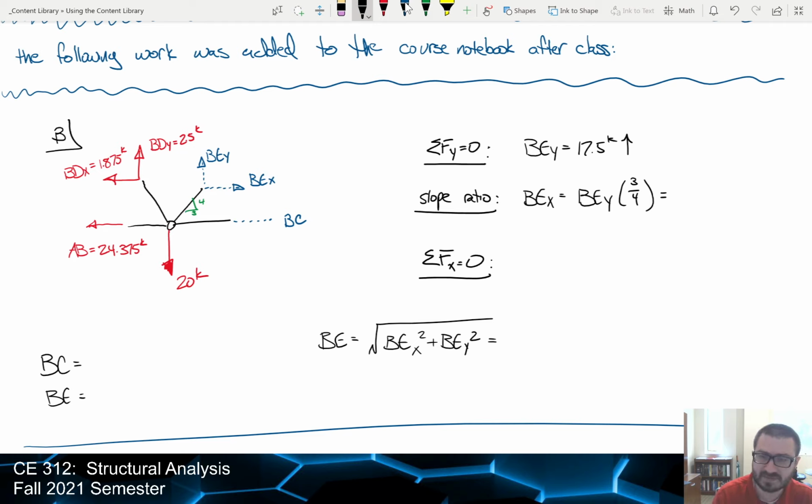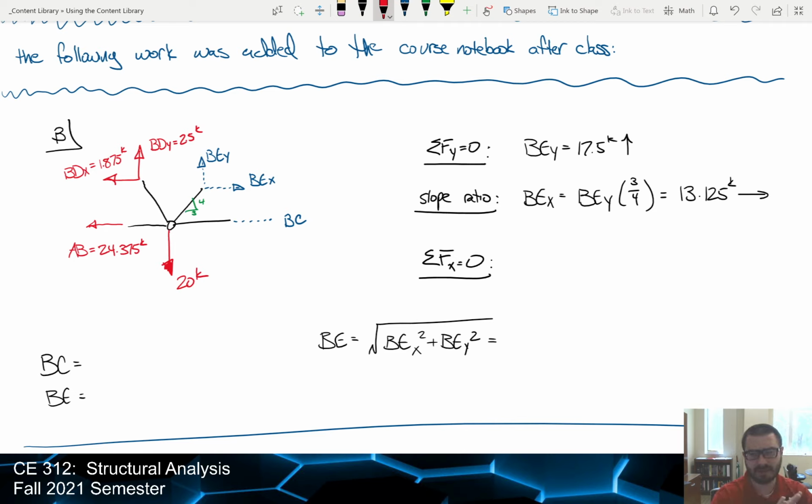And 3/4 of 17.5, if you plug and chug, you'll get 13.125 kips, and that's going this way. As for our remaining unknown BC, look at what we've got. We've got 24.375 going to the left, and we only have 13.125 to the right. We've also got this 1.875 going to the left.